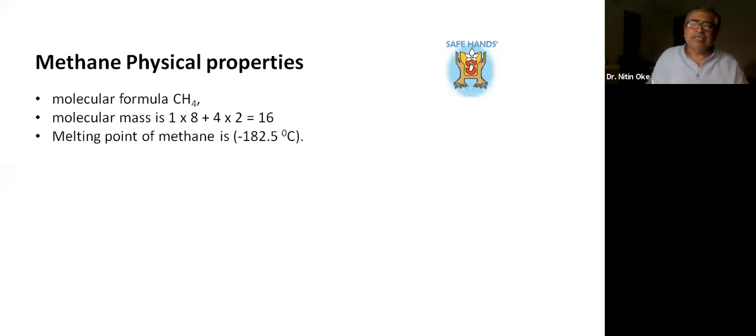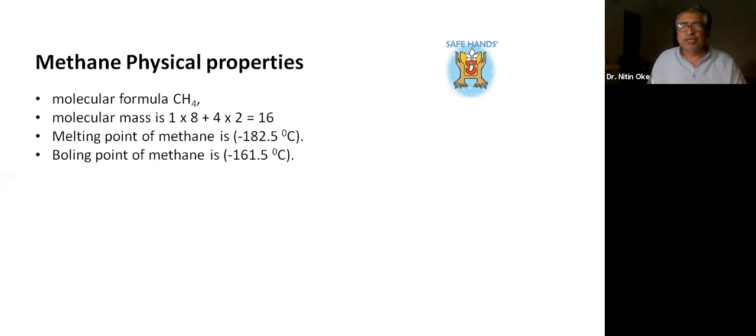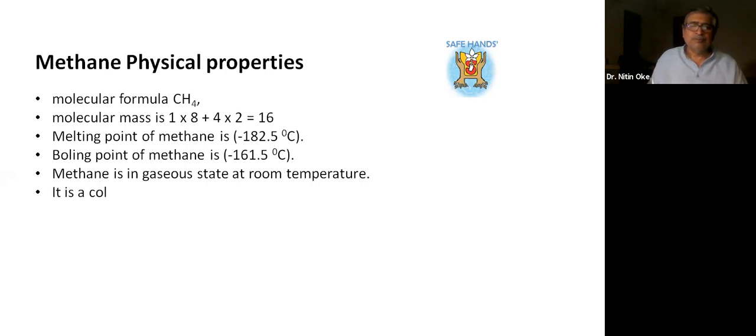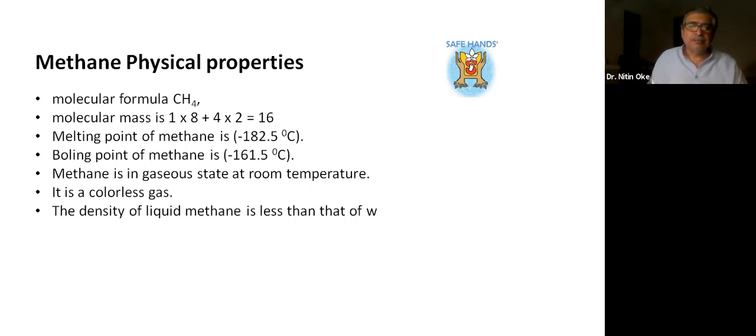Melting point of methane is minus 182.5 degrees centigrade and boiling point of methane is minus 161.5 degrees centigrade. Methane is in gaseous state at room temperature, obviously, because room temperature is not negative. It is a colorless gas. We won't be able to see the methane color.